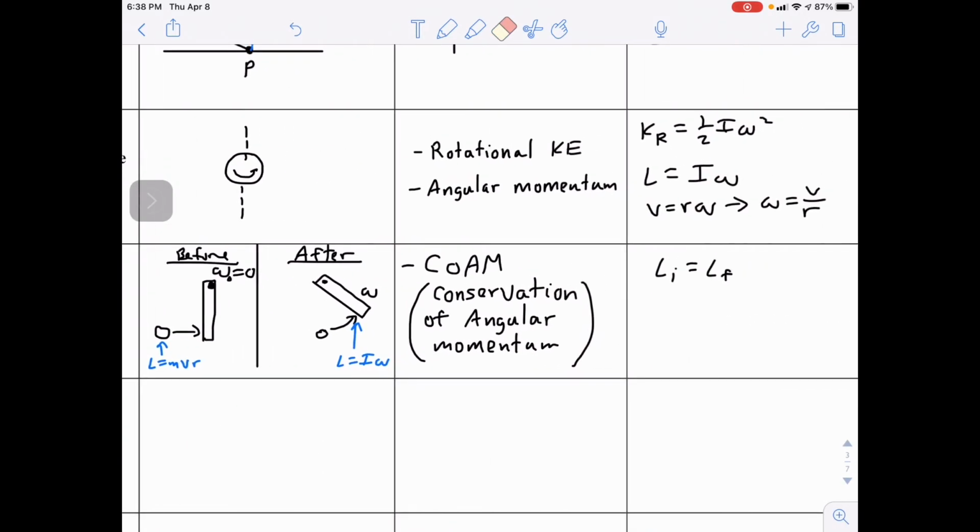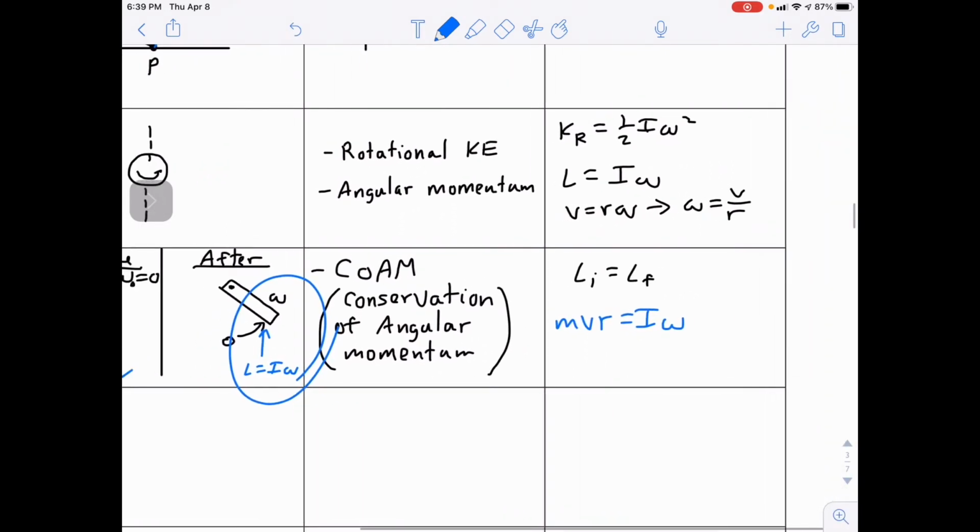So putting it all together, the initial angular momentum, m v r, equals the final angular momentum, I omega. And yes, you might need v equals r omega if you're trying to convert from, let's say, omega to v, or what have you.